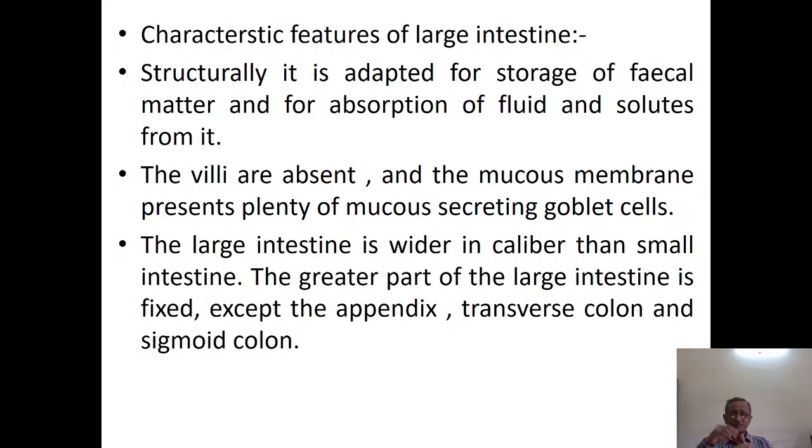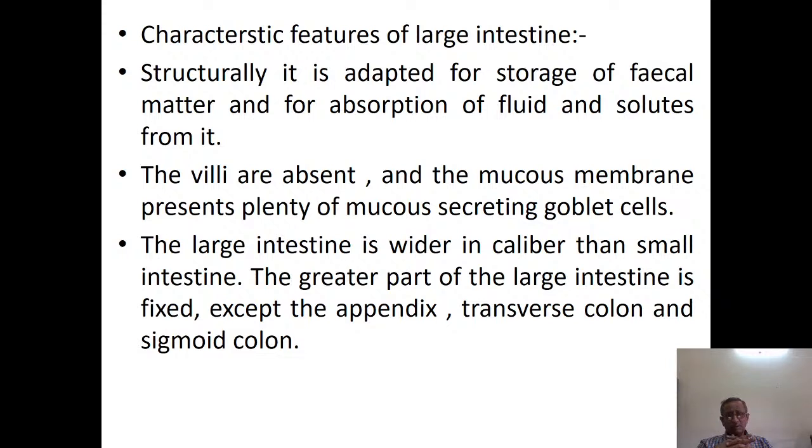So there are the plica circularis and villi to increase the surface area to get more of the food exposed to the mucous membrane, such that absorption is almost complete and quick. Here, because not many things are to be absorbed except the fluid, there are no villi and no plica circularis.